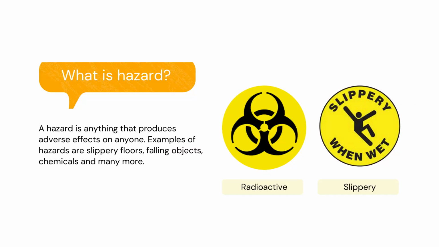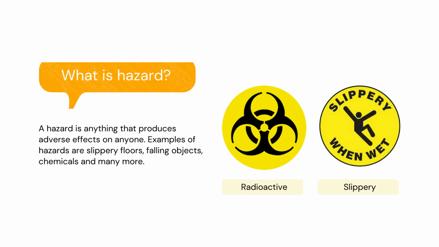Before proceeding, let us first define hazard. What is hazard? A hazard is anything that produces adverse effect on anyone. Examples of hazards are slippery floors, falling objects, chemicals, and many more. Unsafe or unhealthy acts bring out unsafe and unhealthy conditions, causing hazards in the workplace.